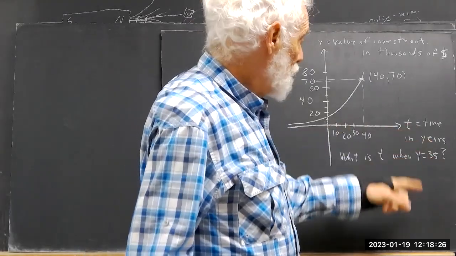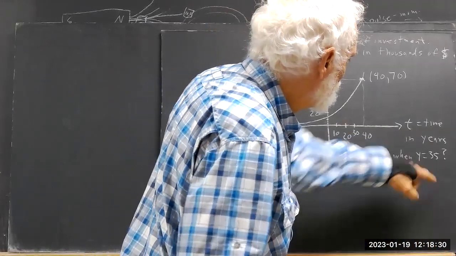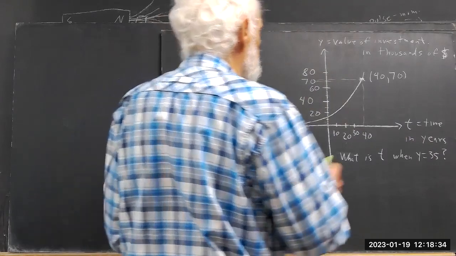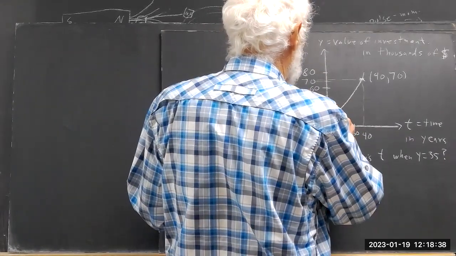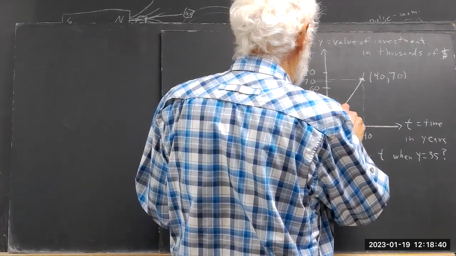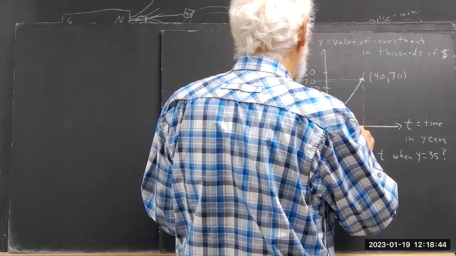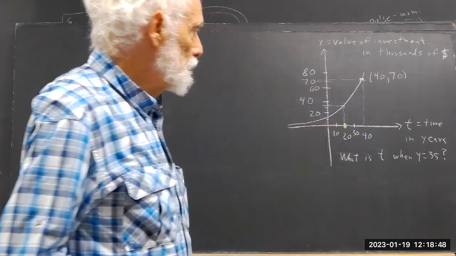Of course, we don't even have an x, we've got a t. So we want y equals 35, so we go here to 35, which is between 30 and 40, it'd be about here. And then we come down here. We get something kind of close to 20, but maybe a little less.